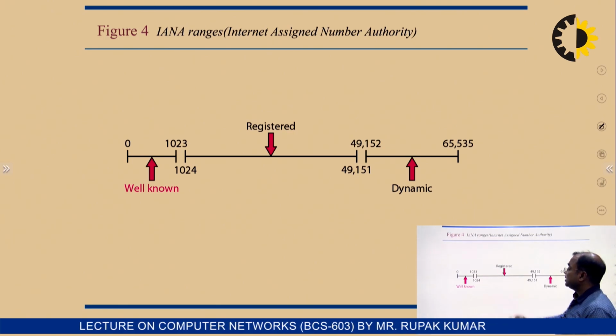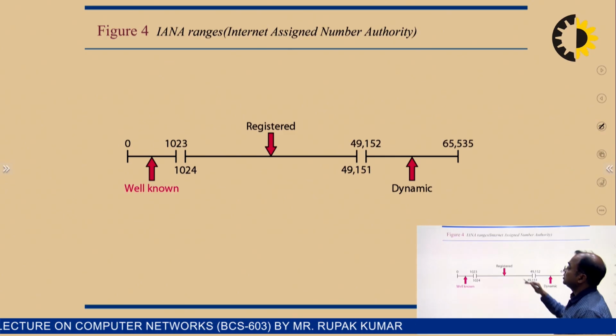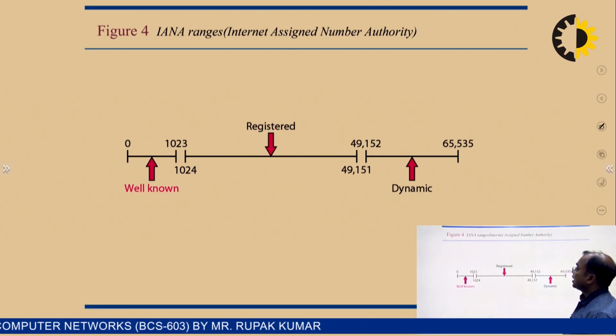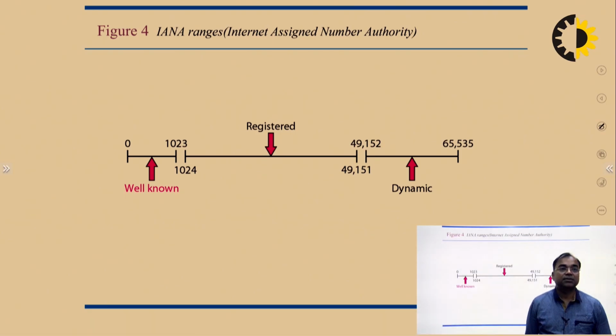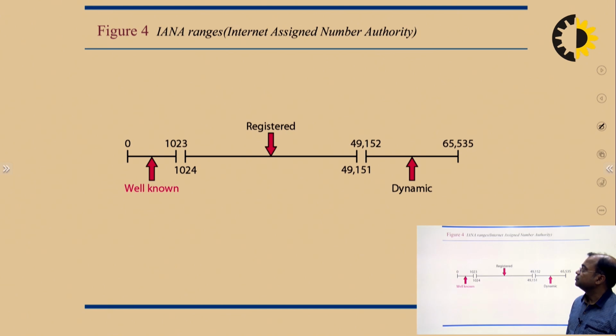All the registered ports lie in this range, decided by IANA, the Internet Assigned Numbers Authority. Then 49152 to 65535 is the dynamic range of this data transfer system.